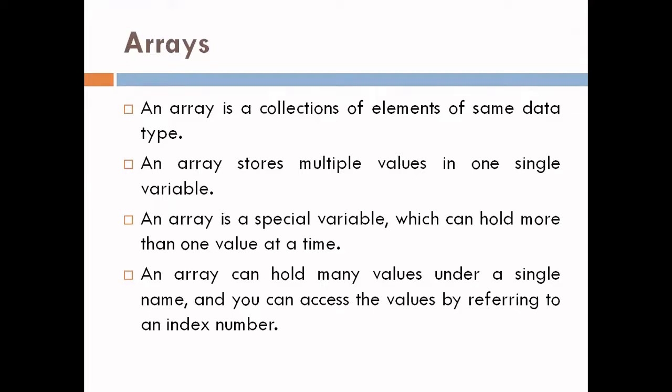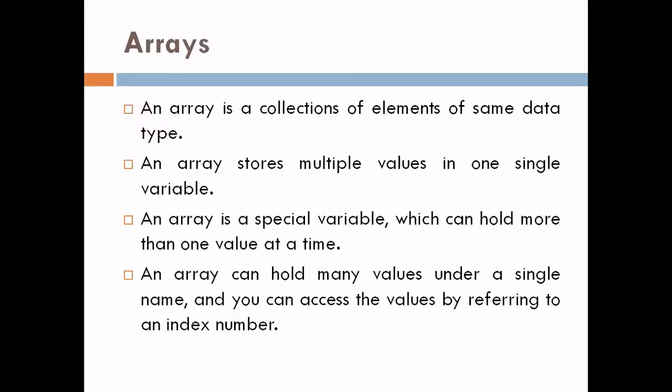So now, when will an array be used? Normally in a variable, we can store only a single value. If we want to store more than one value, for example a record of 10 students, then we have to declare 10 different variables.